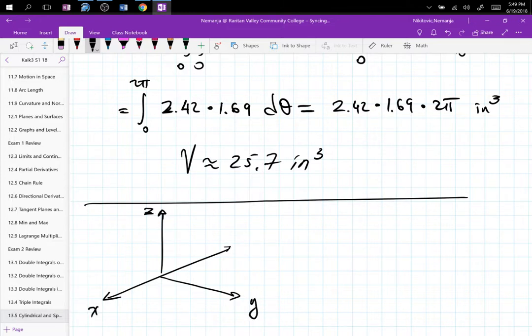X, Y, Z. We are going to draw at 2, and then go down and come up with this curvature over here, the same curvature over here. And that's our shape. It's half of the can.